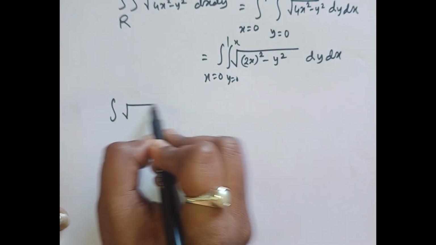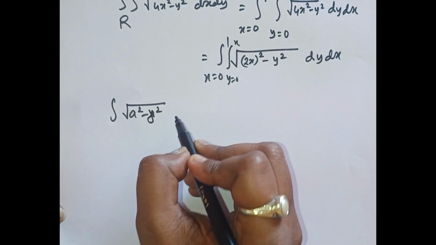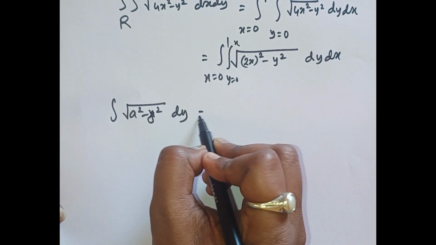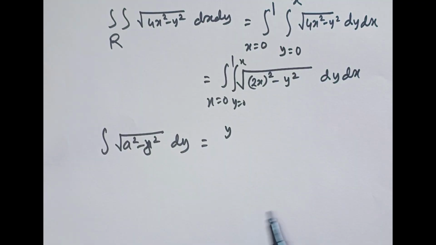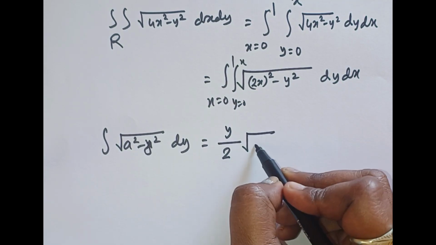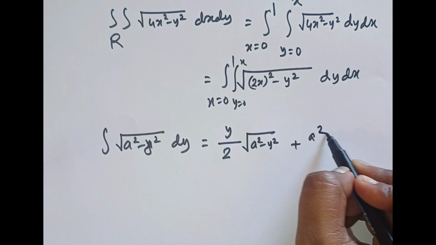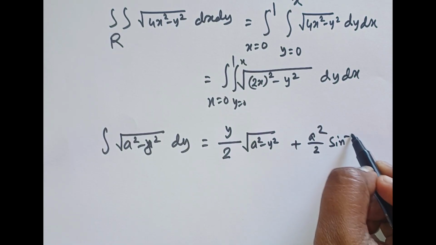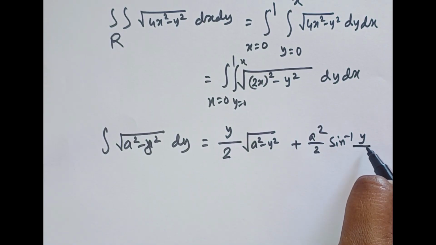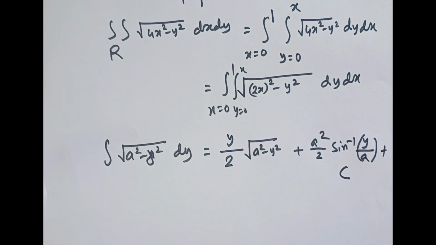So what is the formula? Integration of square root of a square minus y square, because we have y square here, dy equal to, the formula is y by 2 square root of a square minus y square plus a square by 2 sine inverse y by a plus c. C is an arbitrary constant.